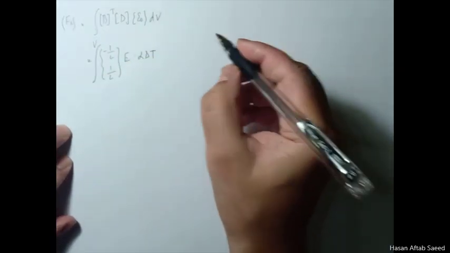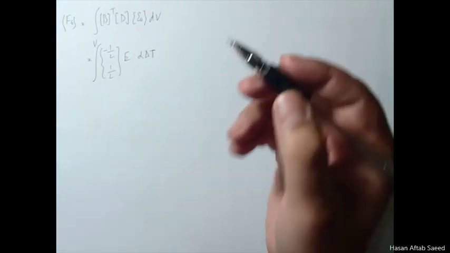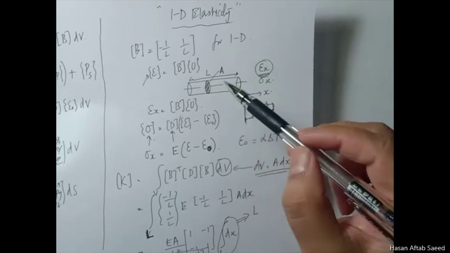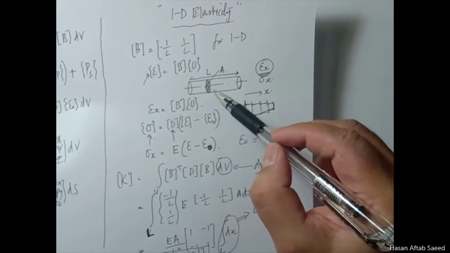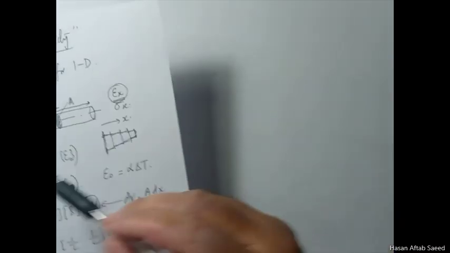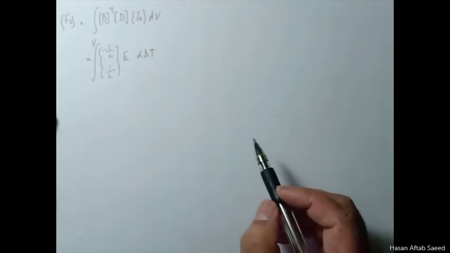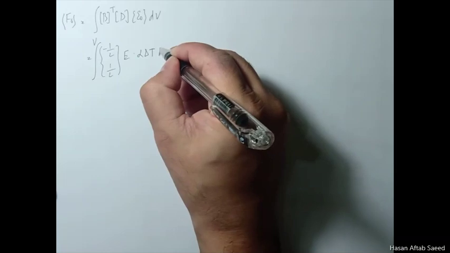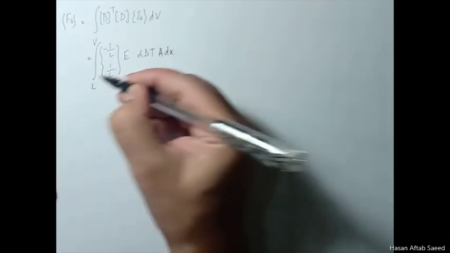And again dV, because we have limited our treatment to a prismatic element, one with a constant cross-sectional area that doesn't change, we can express dV as A dx, and then it becomes a length integral.